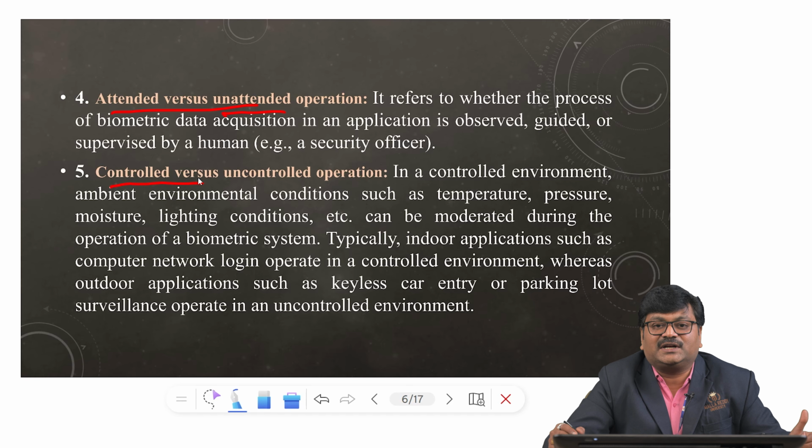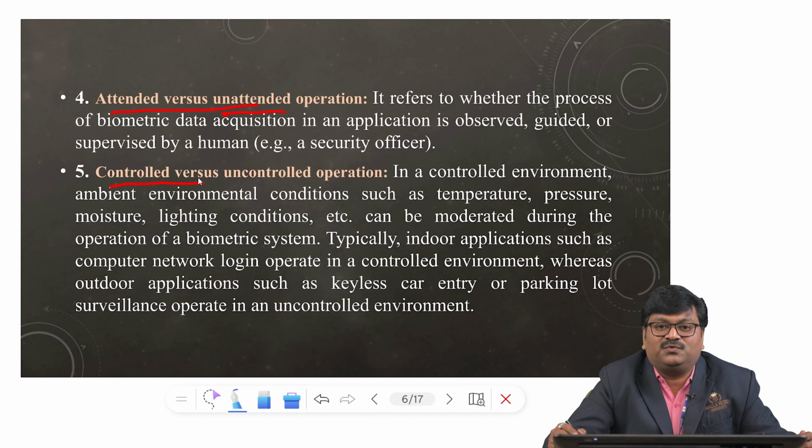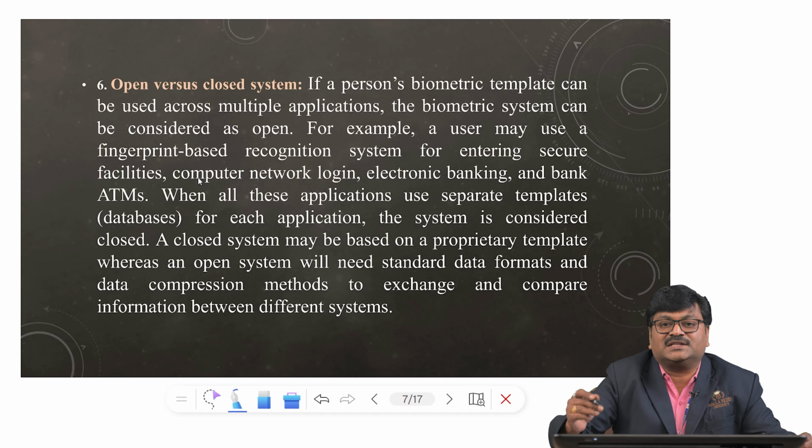So environmental conditions need to be controlled, and proper access or proper utilization must be given to the user, or proper interaction must be done between the user and the system. So here controlled relates to how well we are maintaining the system so that it is not caught by the environmental changes. So that we need to consider.